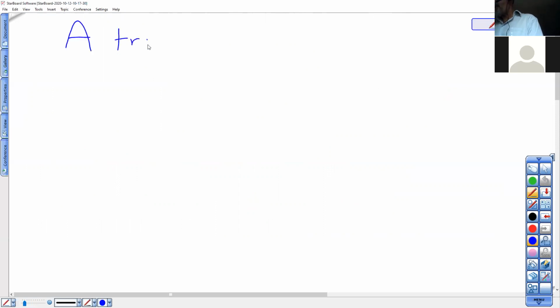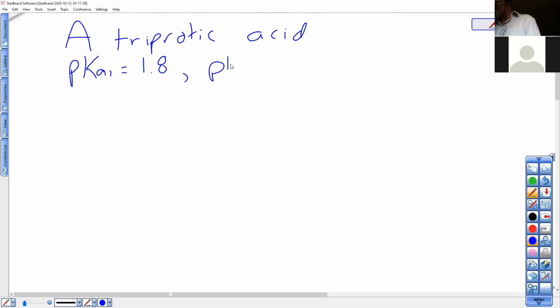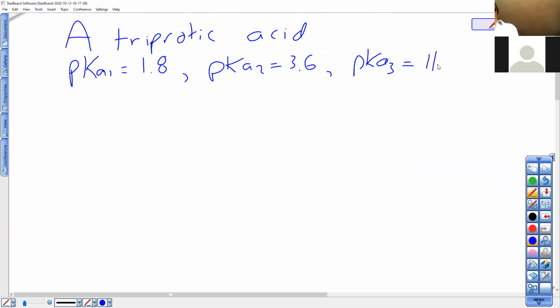A triprotic acid with these pKa's, 1.8, pKa2, 3.6, pKa3, 11.7 is reacted. The triprotic acid.